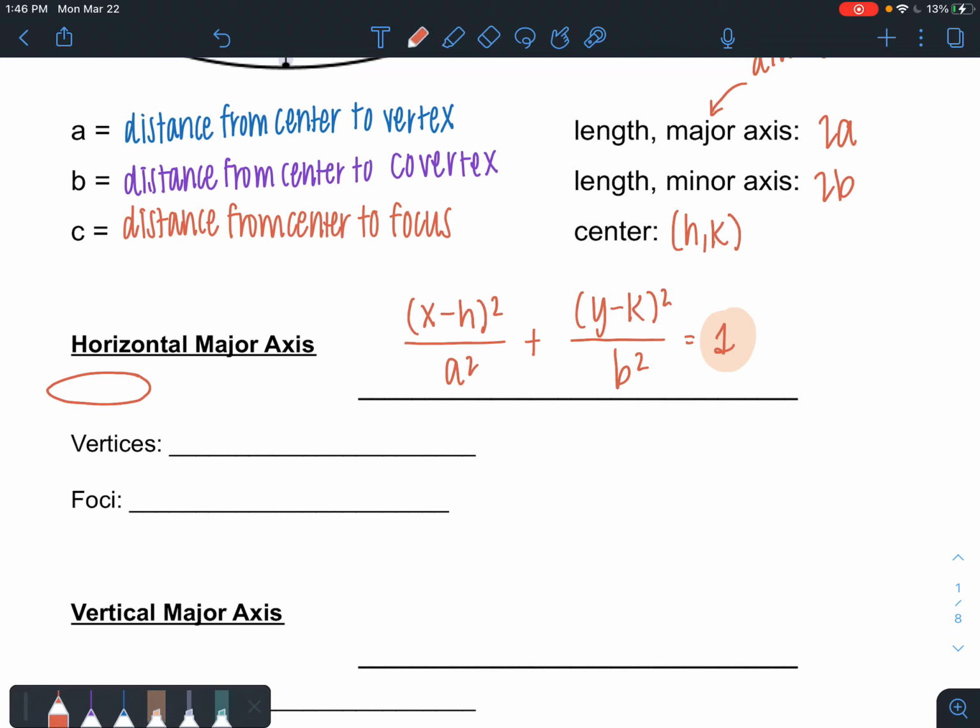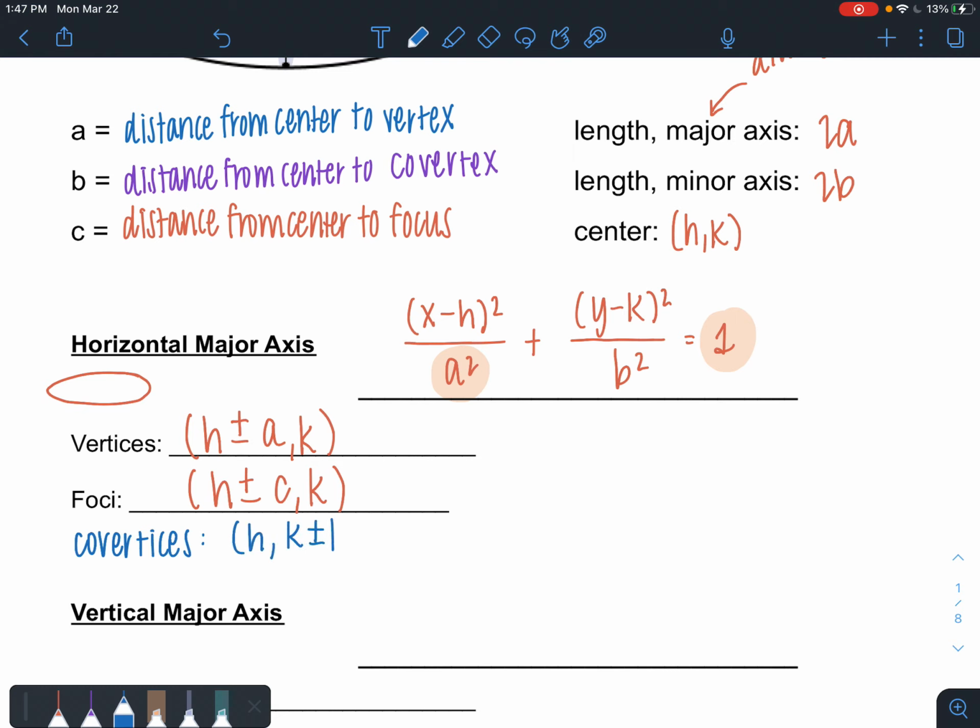And a is always going to correspond with the major axis as well. So our vertices are going to be (h plus or minus a, k), and our foci are going to be (h plus or minus c, k). If you want to write the equation for the co-vertices, that's going to be (h, k plus or minus b).